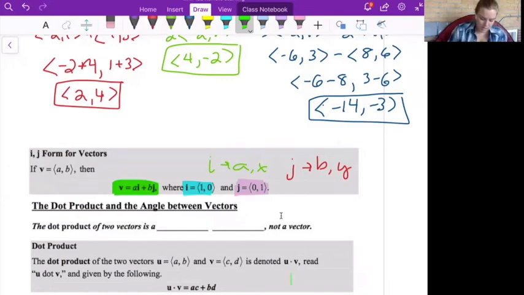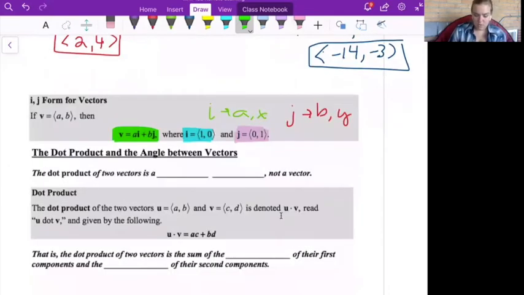And then for the dot product, I'm not going to worry about the definition, but what this means is that you're multiplying the components and then adding them. So if you have a dot product, you're taking two vectors and sort of multiplying them together, but then you get a scalar. So you get just a regular number.